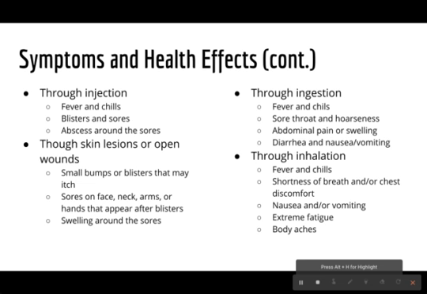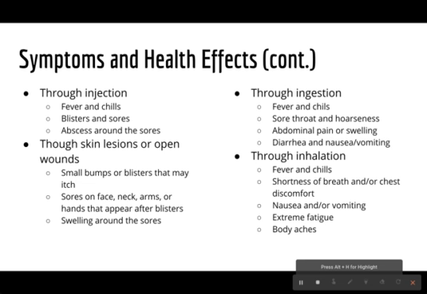So, as previously mentioned, symptoms seem to depend on the way somebody contracted anthrax. If somebody got anthrax through injection, they would generally experience fever and chills, blisters and sores, and abscesses around those sores.